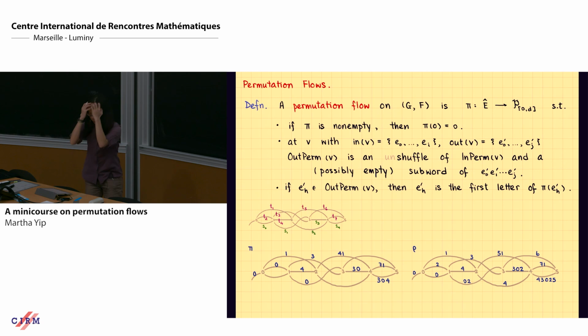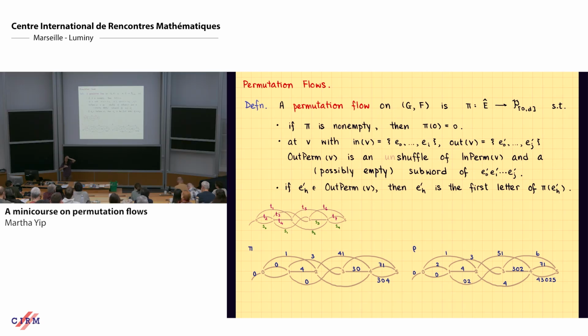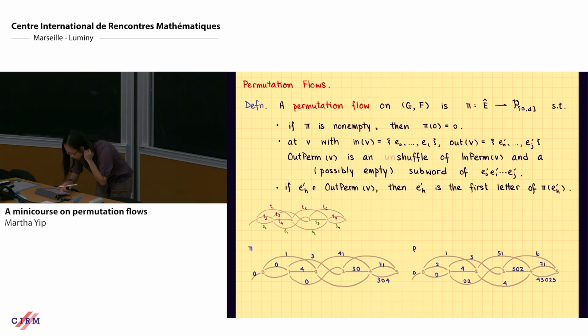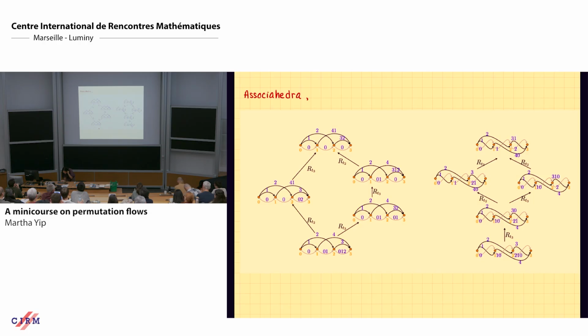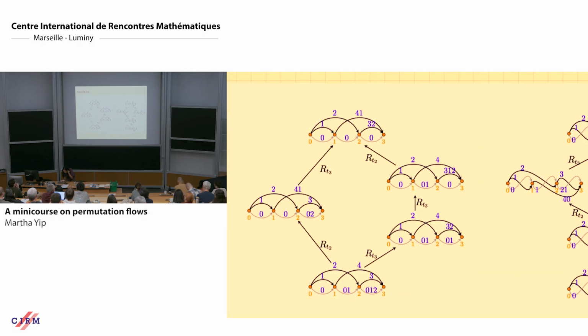Later on, the choice of that initial way we label the slack edges matters if, for example, you sit in on Nathan's talk on Monday and he mentions 3-1-2 avoiding permutations, and that was something I never thought about. But there is a way to draw a picture of this guy.